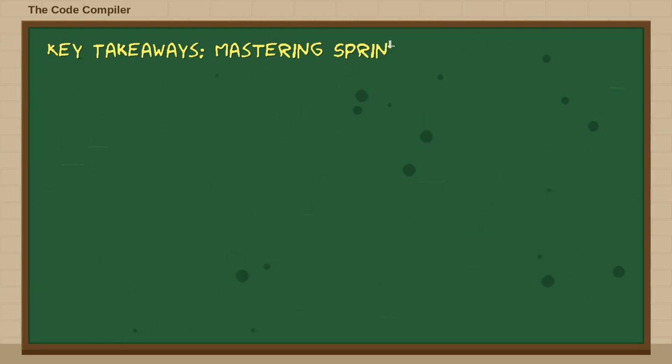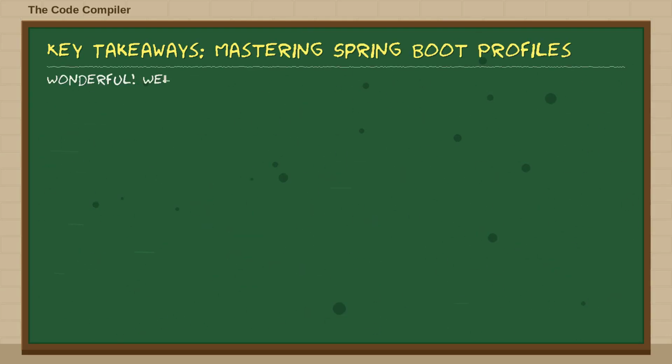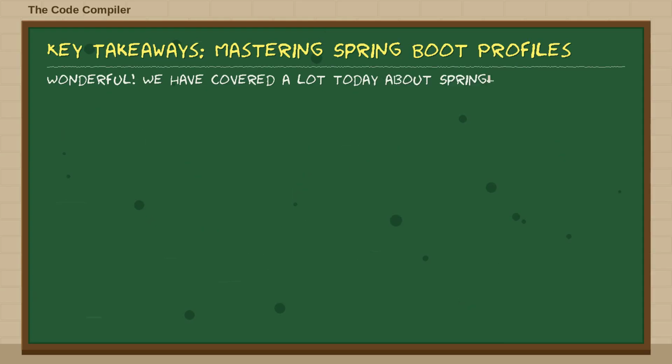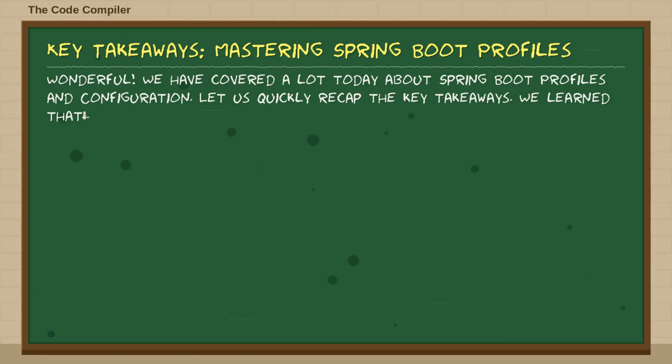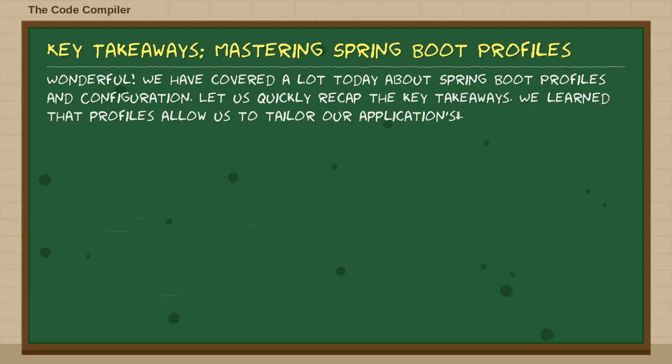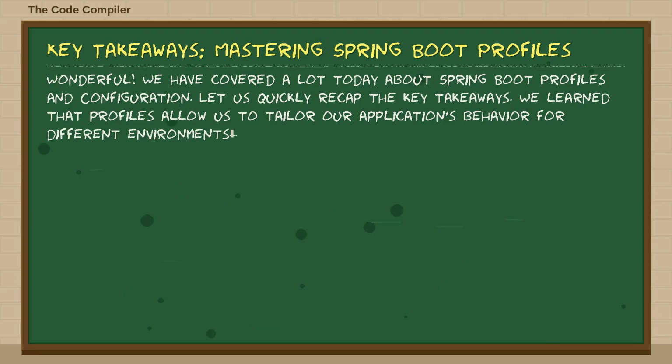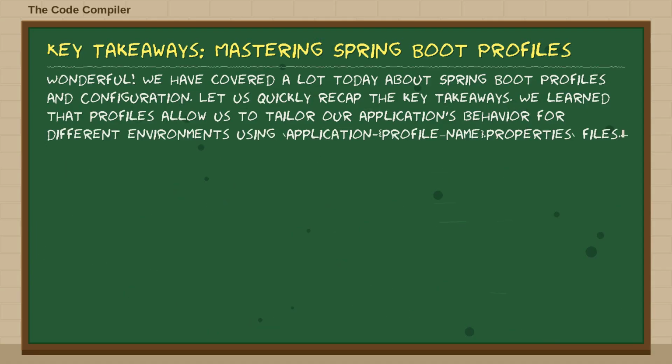Wonderful! We have covered a lot today about Spring Boot profiles and configuration. Let us quickly recap the key takeaways. We learned that profiles allow us to tailor our application's behavior for different environments using application-{profile_name}.properties files.